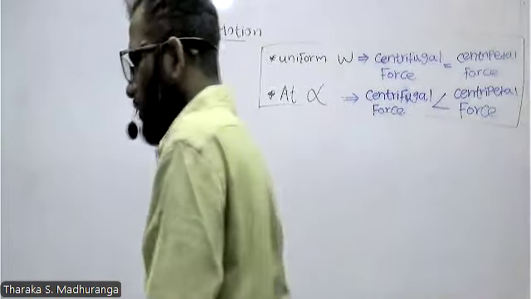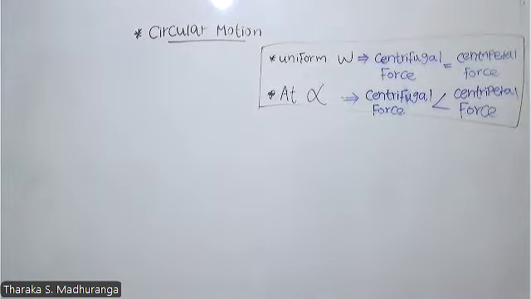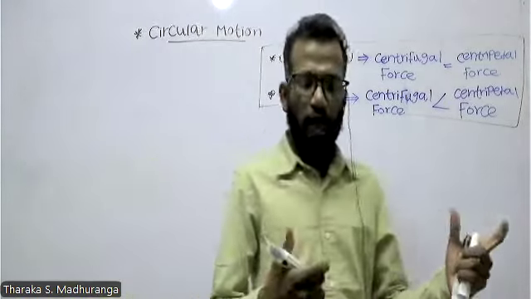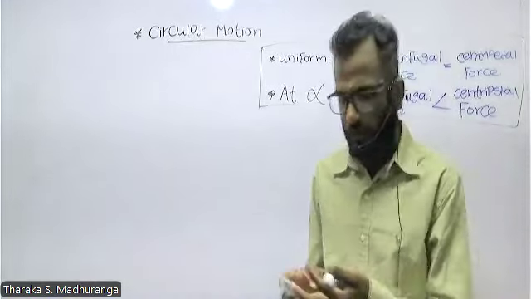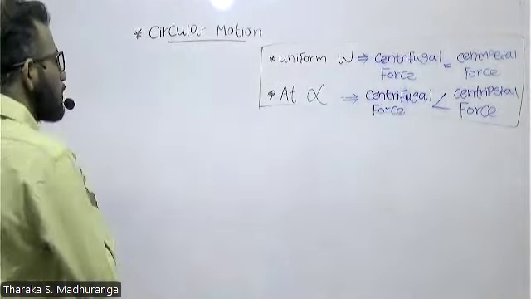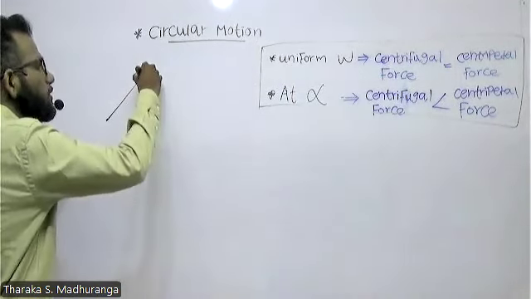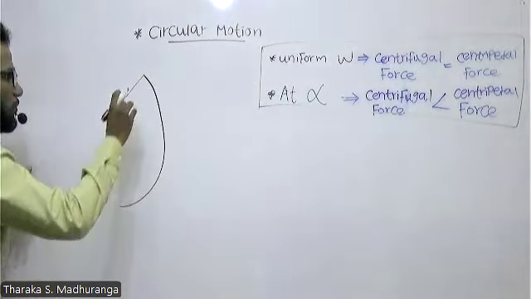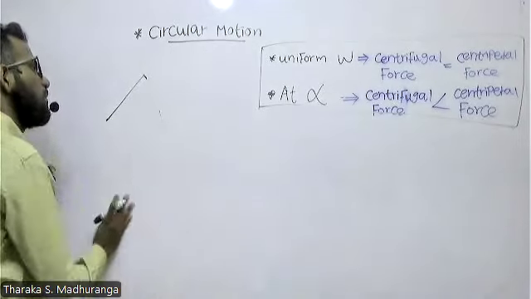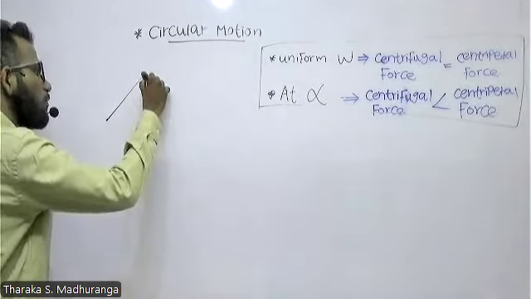Okay, now are you finished? If you finished, now focus on that. Now we are going to make a relationship in circular motion like this. Think this is a circular motion object, a pointer object rotating around a fixed point.